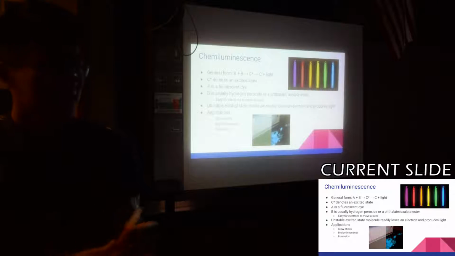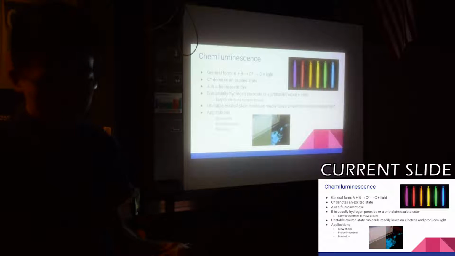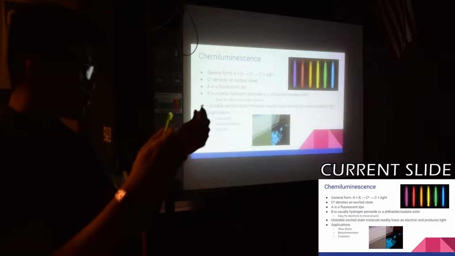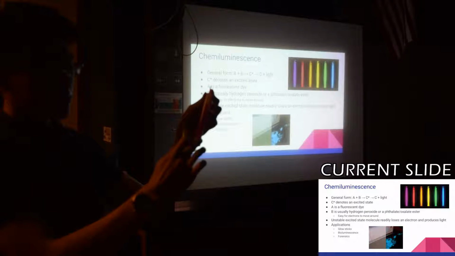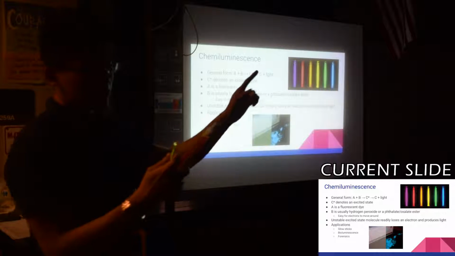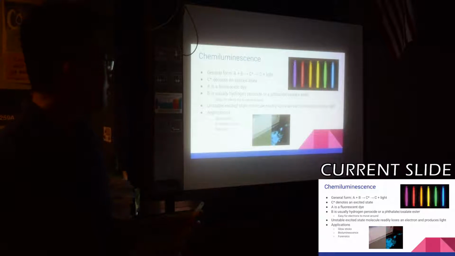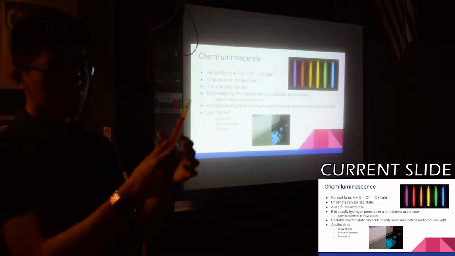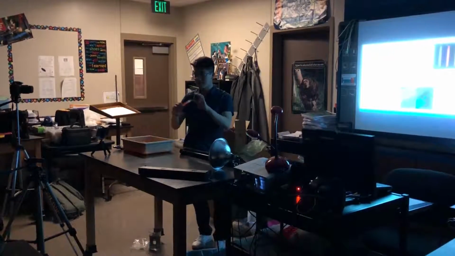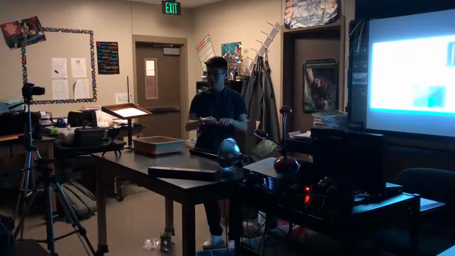When you break it, the inner liquid, usually a fluorescent dye, travels to the outside, and in the outside is the phthalate ester and usually hydrogen peroxide. When you break it, the two mix, and that's what makes it start glowing. So you guys can start breaking it. You can hear the crack of the glass when you break it.